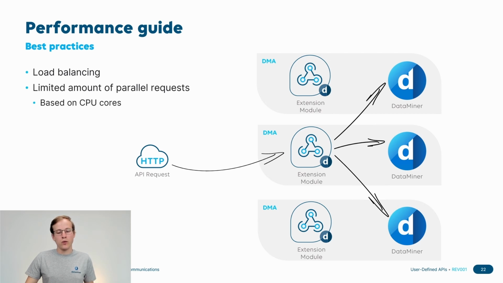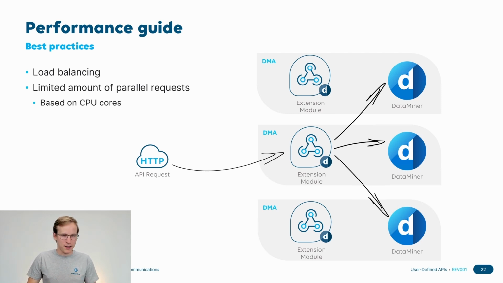It will receive your request, do some basic validation, and then send it to one of the DataMiner agents in the DMS. It's very important that you keep that in mind, since it does not mean that if you send it to DataMiner A, the API script will be executed on DataMiner agent A. It may be executed on any of the agents in the cluster.